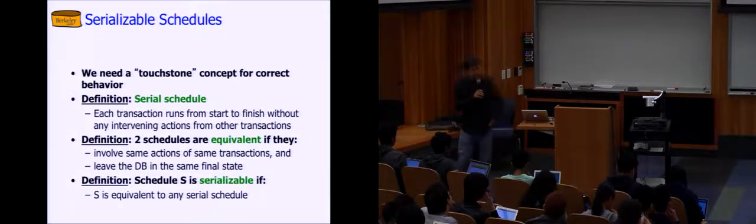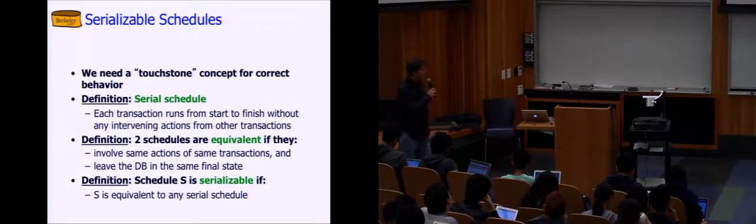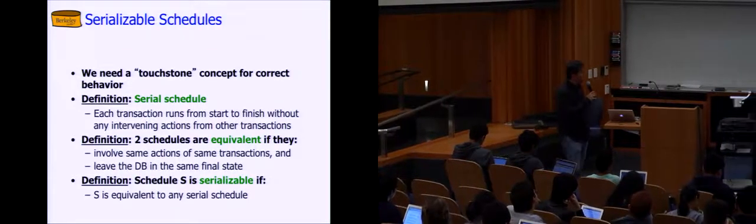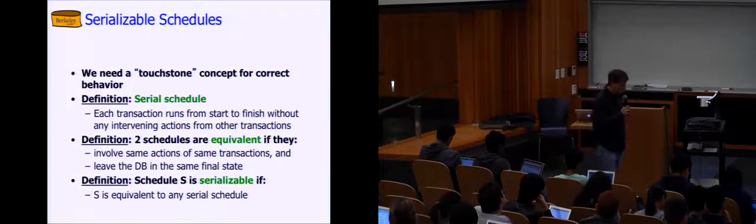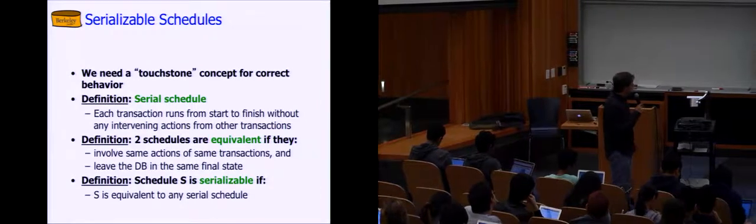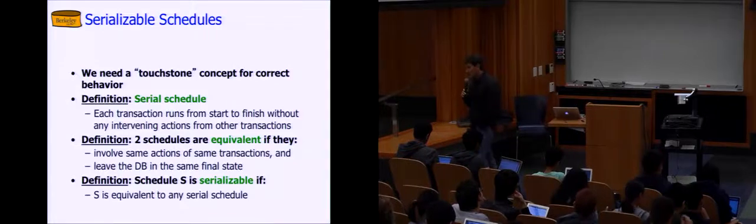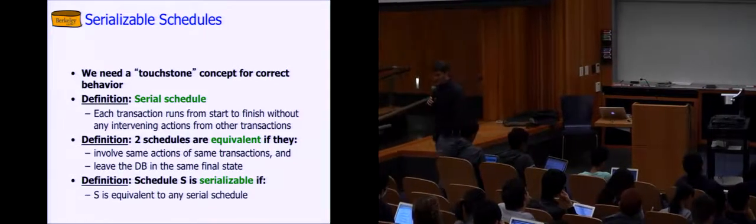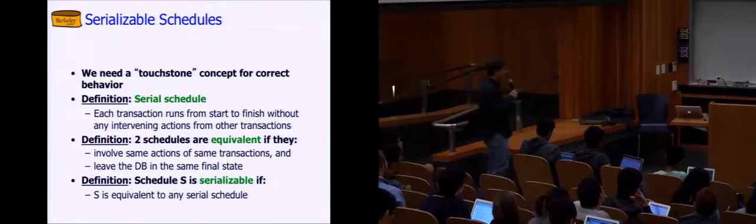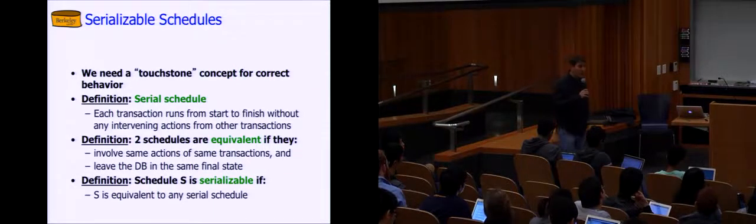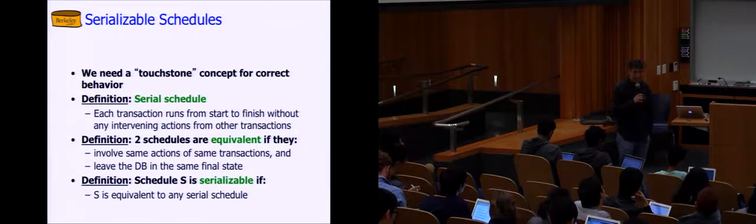So the definition of a serial schedule, formally, is that every transaction is a string of reads and writes. It runs from start to finish without any intervening actions from other transactions. Second definition is that two schedules are equivalent if they involve the same actions of the same transactions. All right, so it's the same bucket of activity, and they leave the database in the same final state. We will not concern ourselves with output in this discussion.